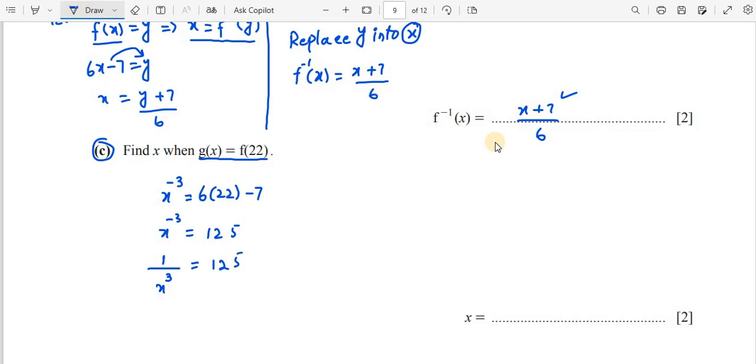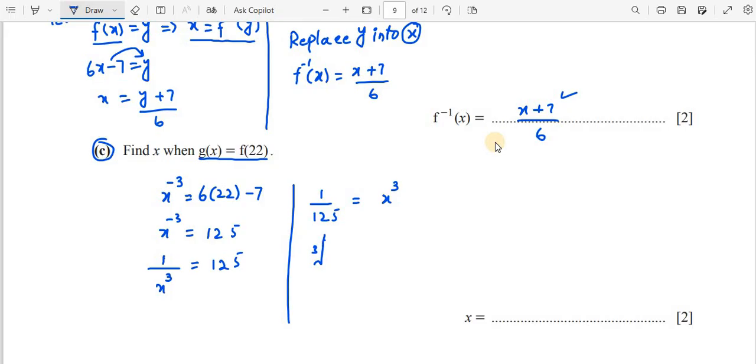So shift this value to the other side. So 1 over 125 is equal to x raised to the power 3. So find the value of x by taking the cube root on both sides.